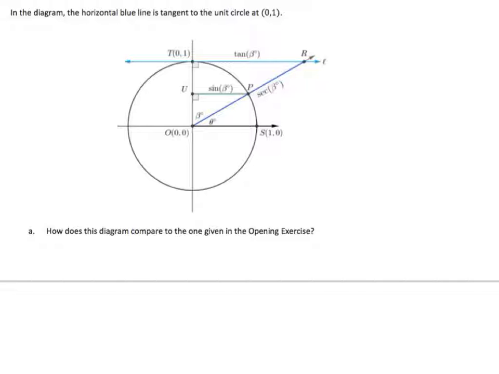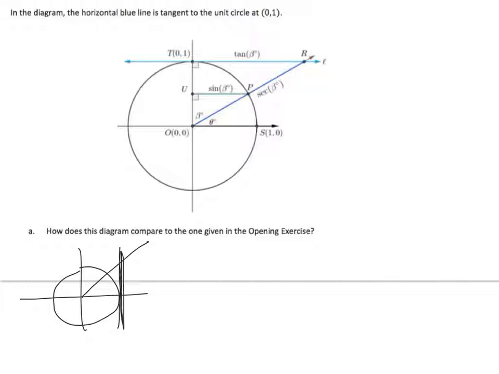All right, let's look at something else. I have exercise 2. In the diagram, the horizontal blue line is the tangent to the unit circle at 0, 1. So our tangent has moved. How does this diagram compare to the one given in the opening exercises? It's basically the same. In the opening exercises, my tangent was right there, just make the line thicker.